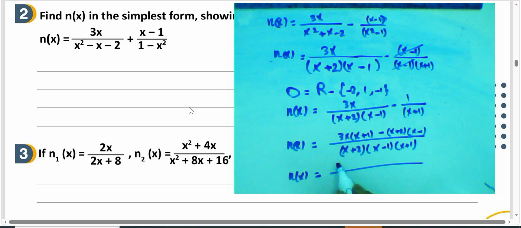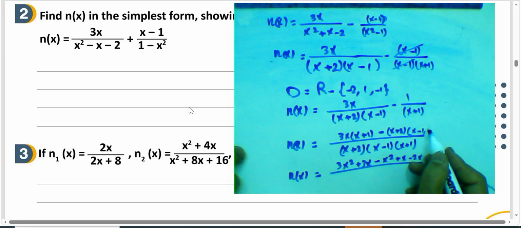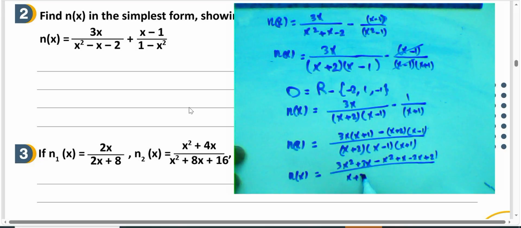First 3 times x, 3x power 2, 3x times 1 equals 3x, negative x times x, you can write negative x power 2, and x times negative 1, negative x times plus x here positive, and 2 times x, 2x, times negative 1 negative 2, negative 2 times 1 positive 2, and the denominator is the same, x plus 2 and x minus 1 and x plus 1.